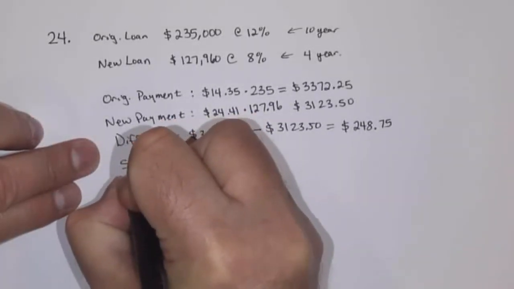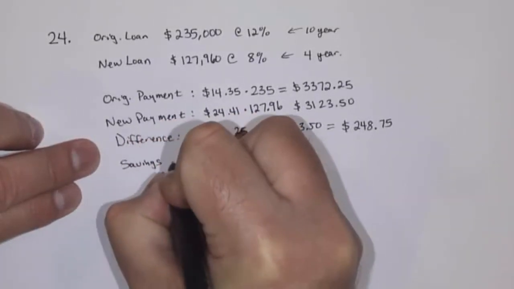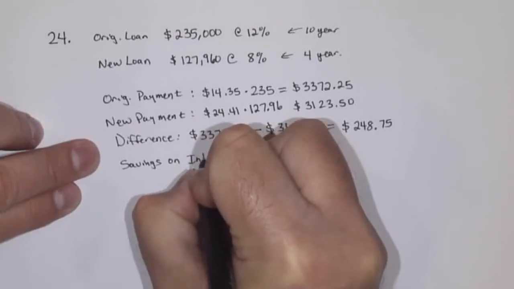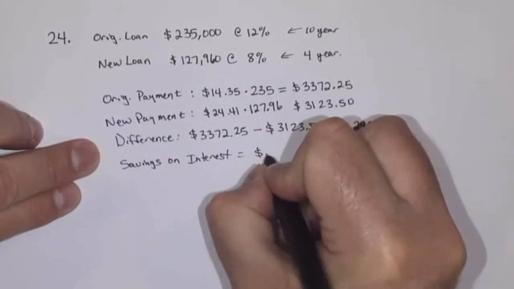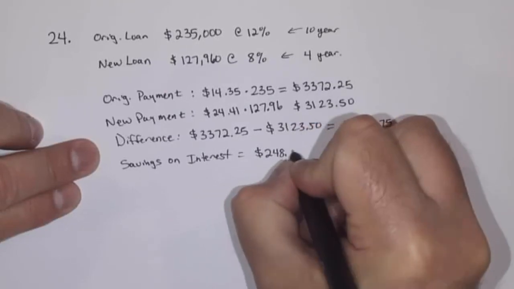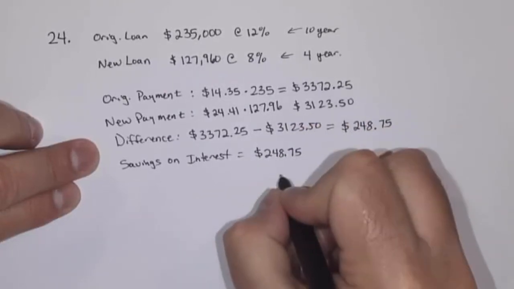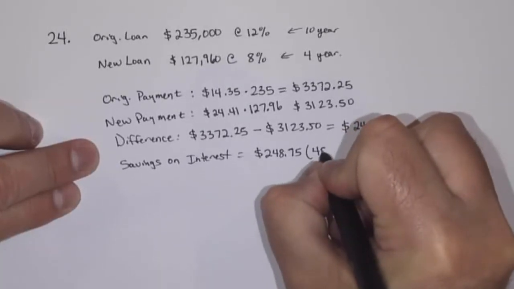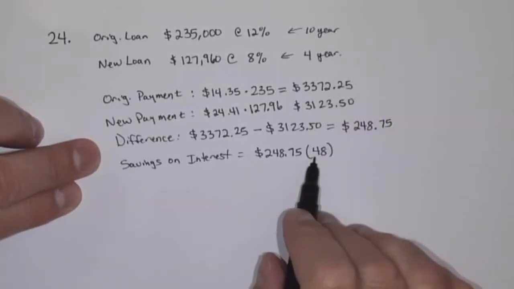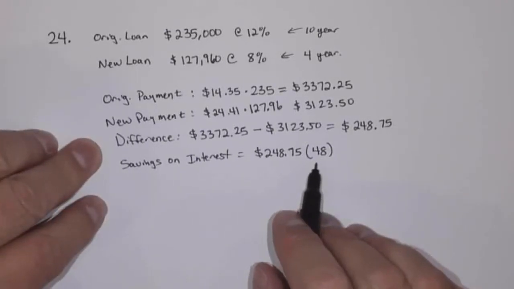So the savings on interest is going to equal that $248.75 a month for 4 years. So that's going to be 48 payments, 4 years times 12 months in a year.